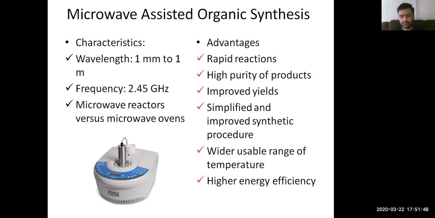But basically the RB flask, which is sitting in this cavity, does not rotate. Okay. And the microwave radiations begin from one end and go through in a circular fashion. So it is uniformly heating all the surfaces of the round bottom flask, which is placed at the center of the microwave reactor. So you don't require the turntable over here, because you are not creating localized hot spots and cold spots there, right?